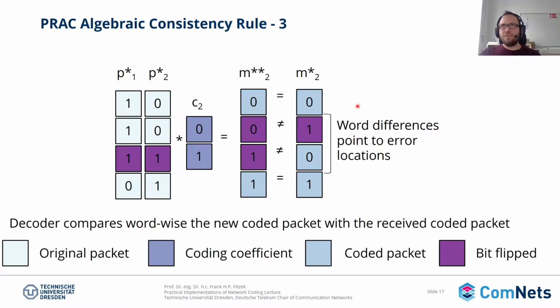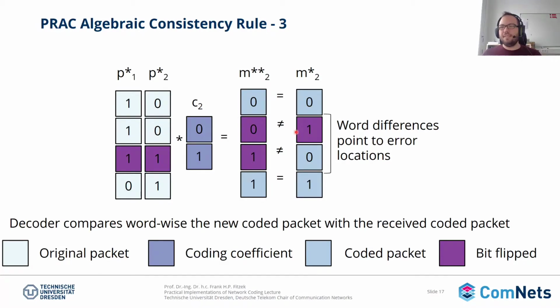This is due to the probability that when you do these linear operations with those erroneous symbols, they will turn out to be the same symbol here as here. And this would be a false positive.